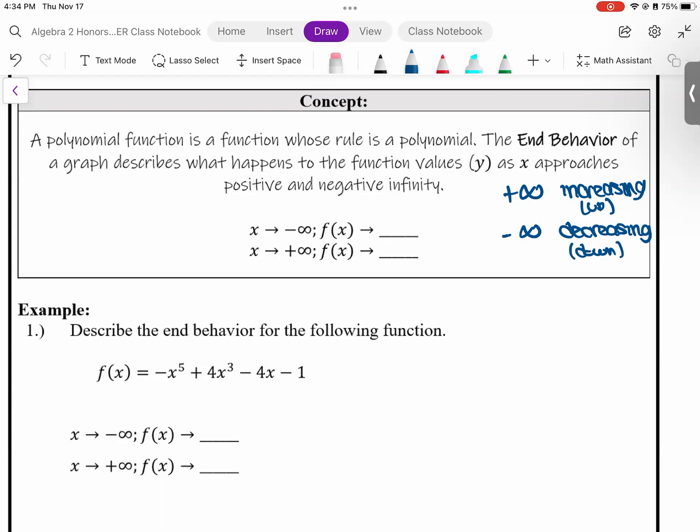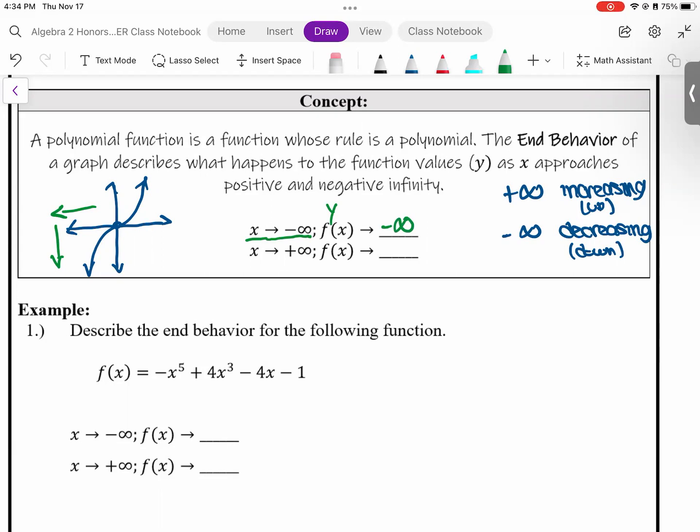So to give you a quick example, if I graph a function that looks just like this one, I can see that as I go to the left, my function is going down, which means that as x goes to negative infinity, f of x, which represents y, is decreasing, it's going to approach negative infinity.